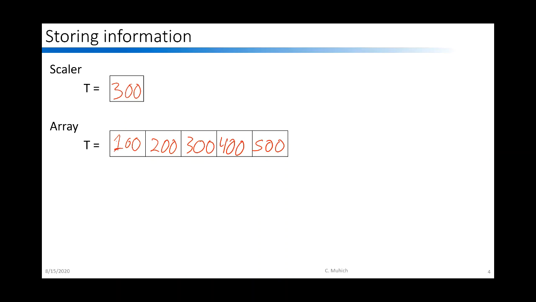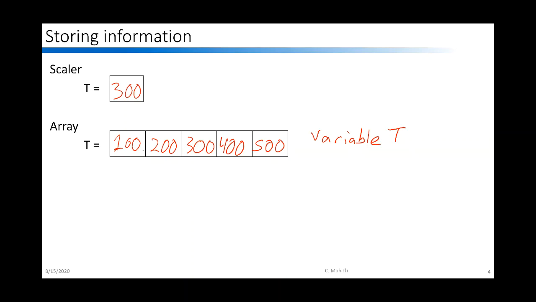All these pieces of information are still stored within t. So our variable is still t, but t now contains 5 pieces of information. We can treat the variable t as a whole, so we can do operations on all the pieces of information, but we can also call out individual pieces of information.